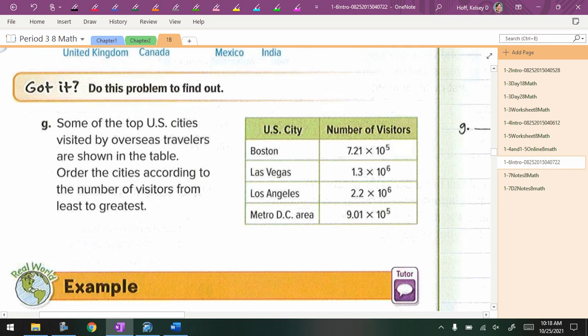So you guys take a minute right now on G. Order the cities according to the number of visitors. Ooh, be careful here. Least to greatest. Write out the cities, least to greatest. Do not make those numbers standard form.